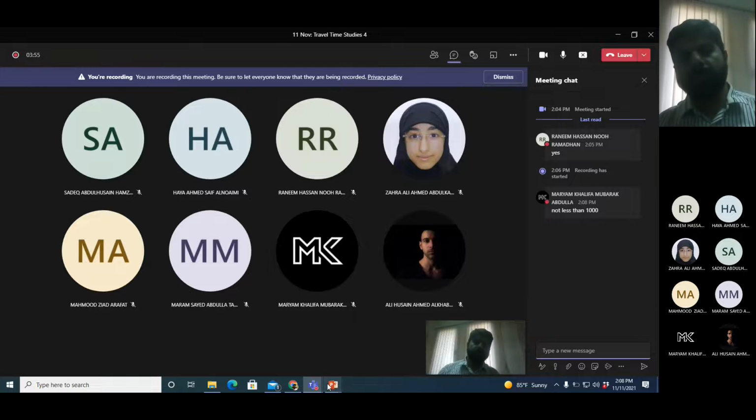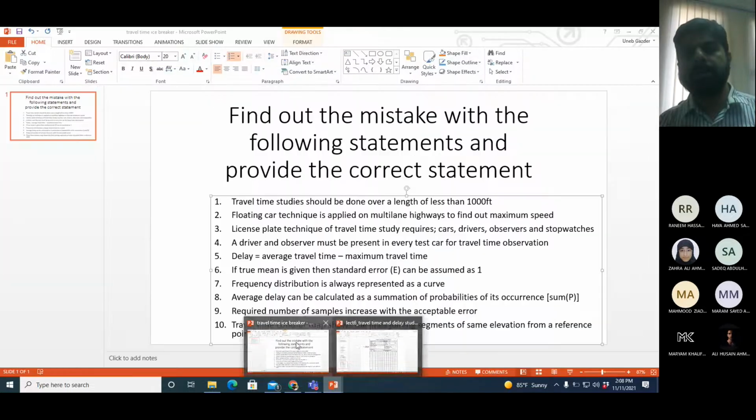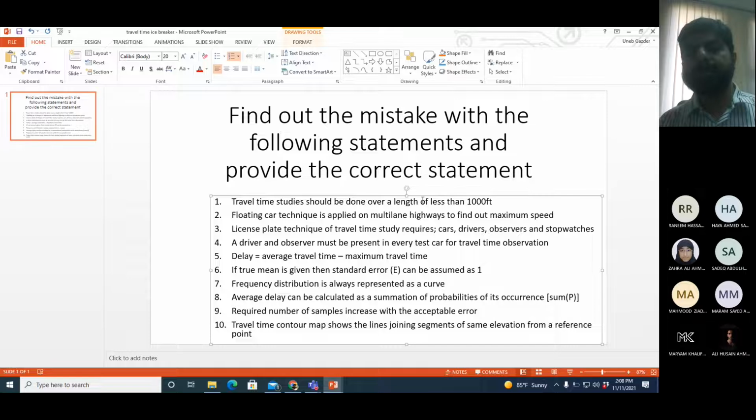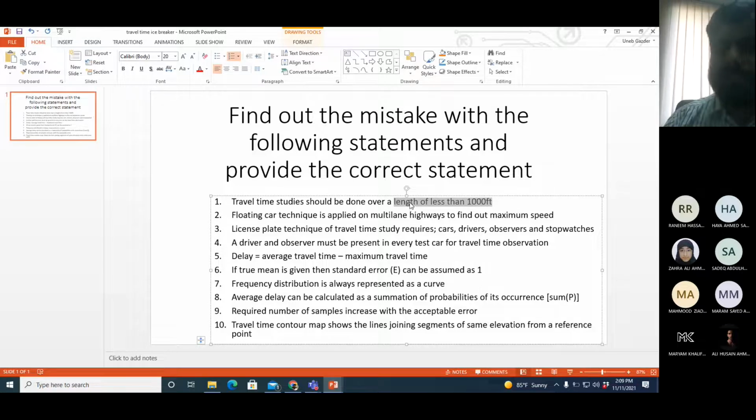So in the first statement, this should be replaced, and then you write over a significant length of the highway or route. This is what is given in the book, but not less than 1000 feet, I will still accept it.